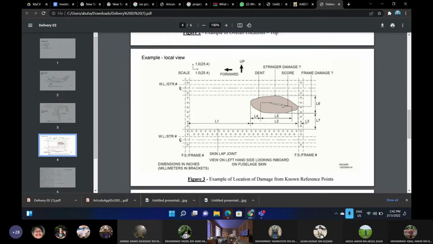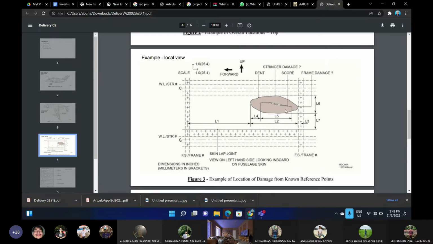So the length is L2, and then the width is L6. But if you have a crack or something inside the dent, then you have to also put the dimension to it. For example, in this situation, the length of the crack is L2.